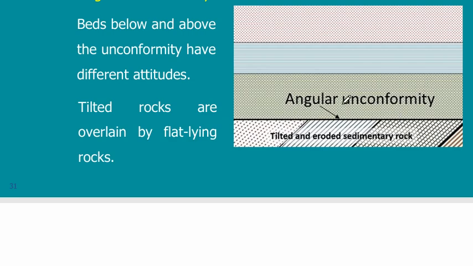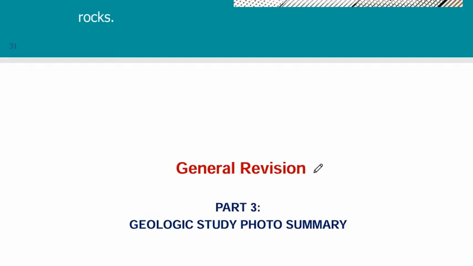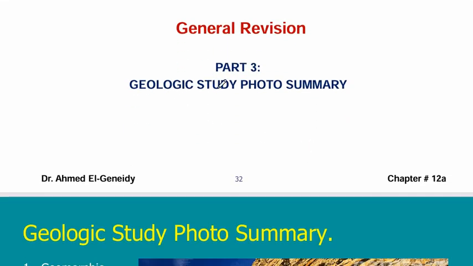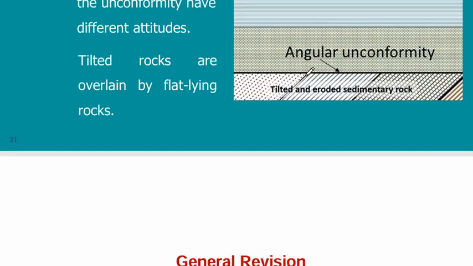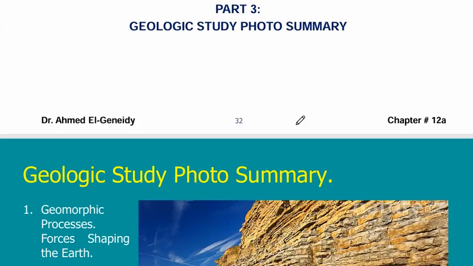We call it angular unconformity. We will refer to this when we study the shapes of places where we have these features, so that we can recognize them. We will see it later. It's very important.